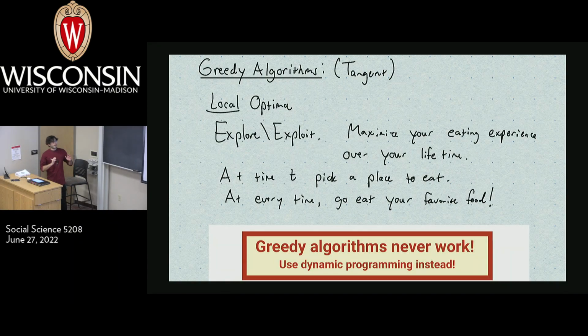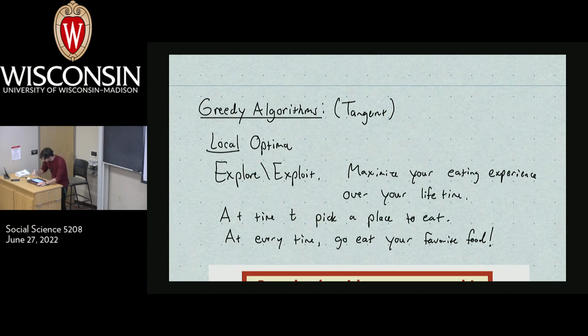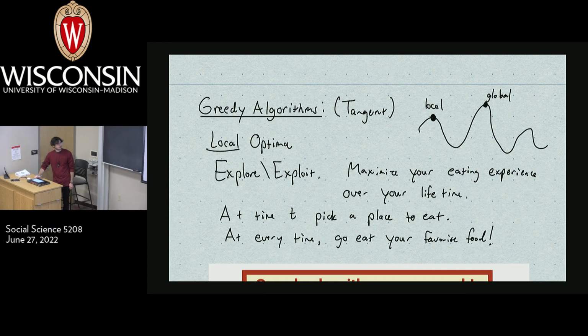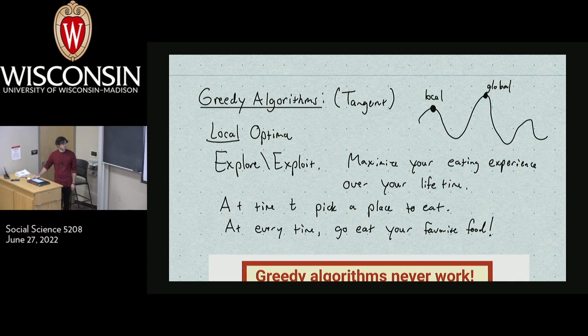Your goal is to maximize your happiness over your lifetime, and to do that, you're going to maximize your happiness at each individual point in time. So if we drew a graph, a local optima would be this, but maybe the global optima is this. So you're getting stuck on a hill. That's what greedy algorithms do.